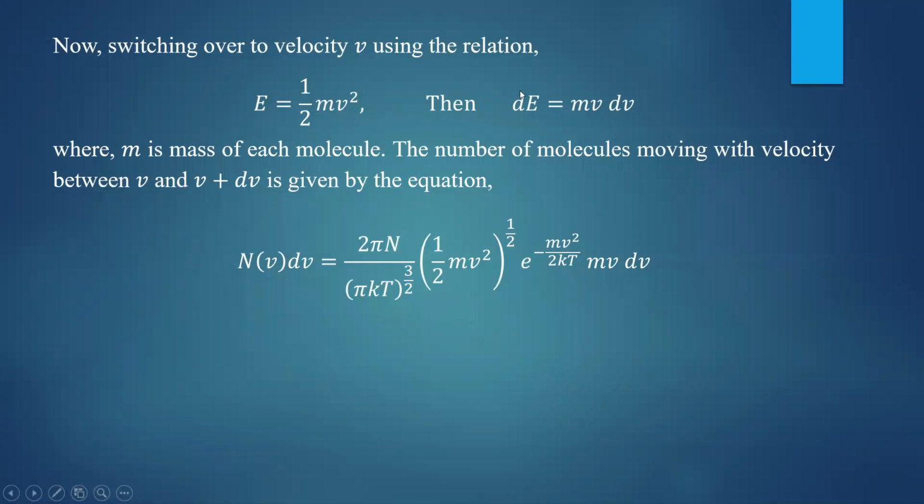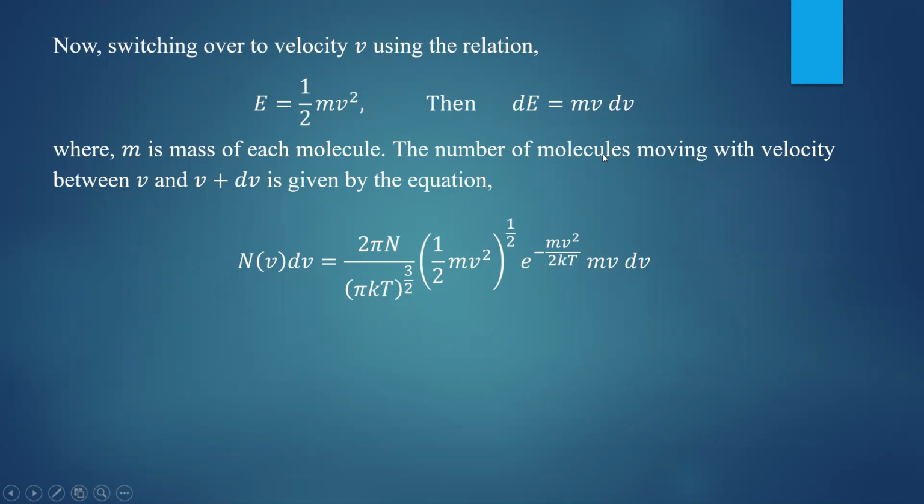So 2 gets cancelled, and you will get simply mv into dv. Wherever you have the term E, you can substitute there, and wherever you have the term dE, you can substitute mv into dv, where m is the mass of each molecule.